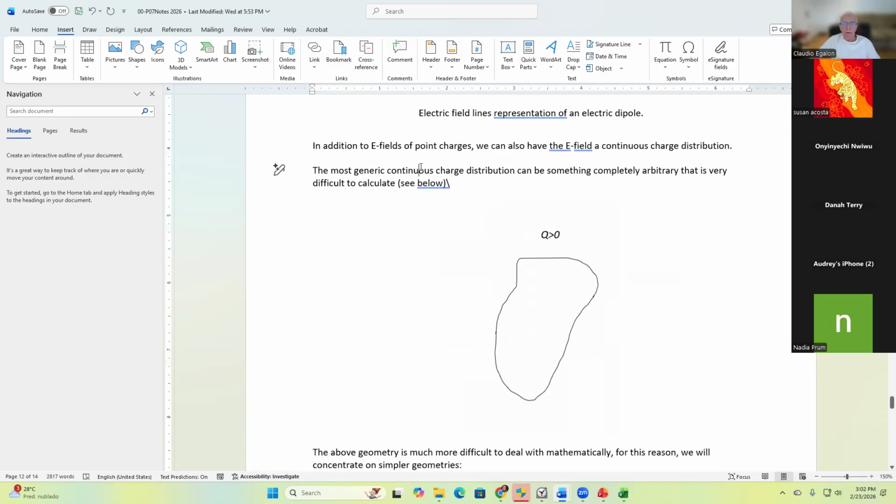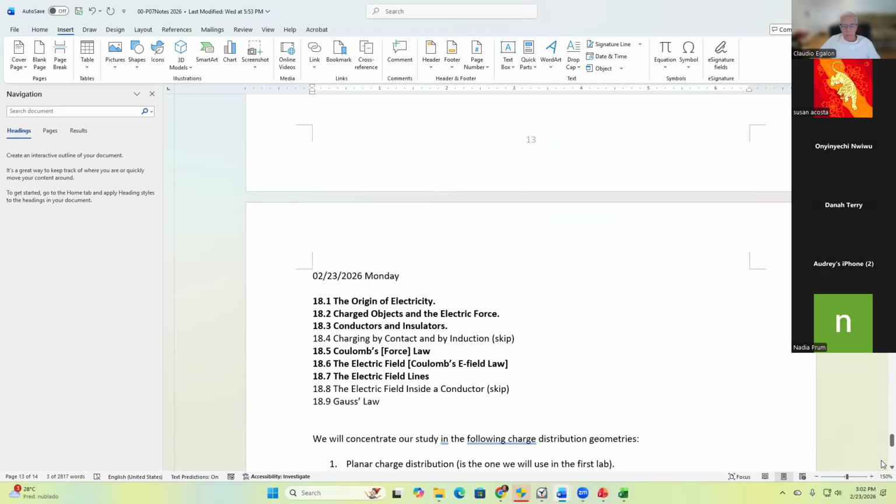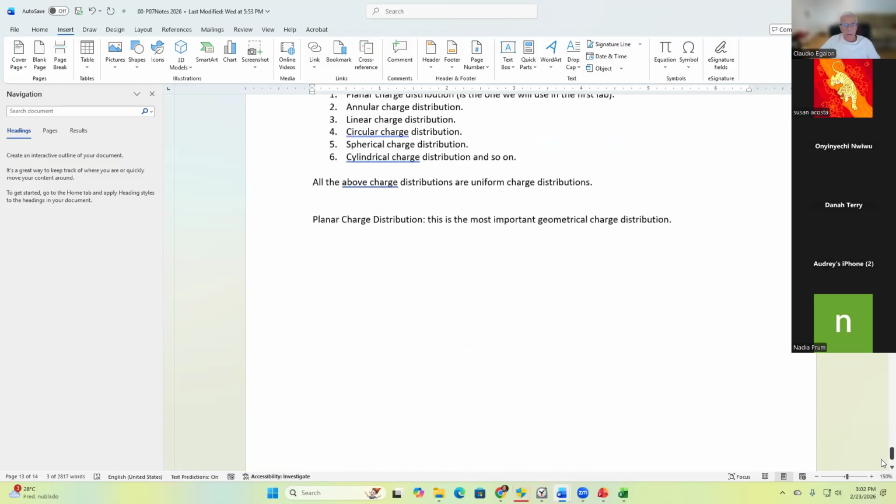Oh, okay. It is the most important continuous charge distribution. That's the word the expression was looking for. It's the most important geometry of a continuous charge distribution.